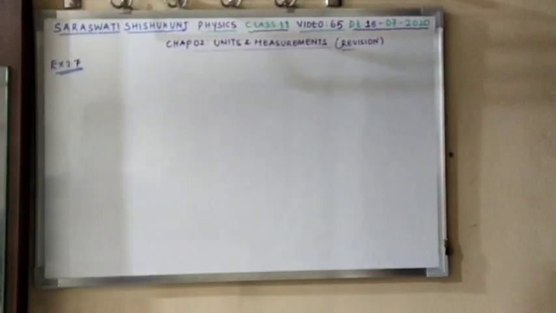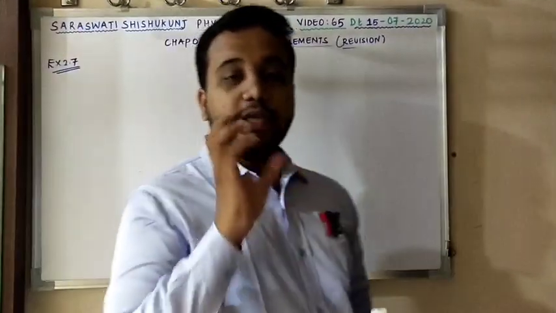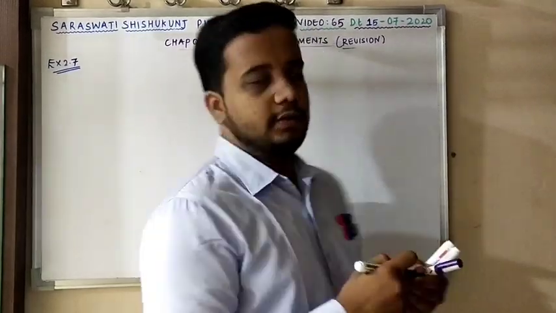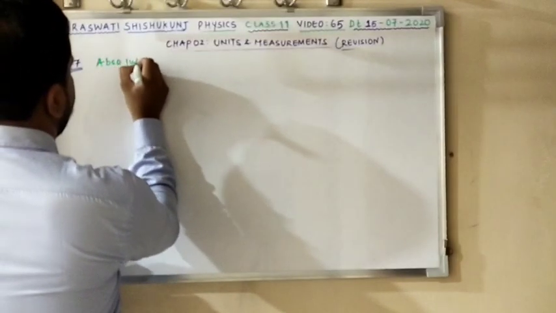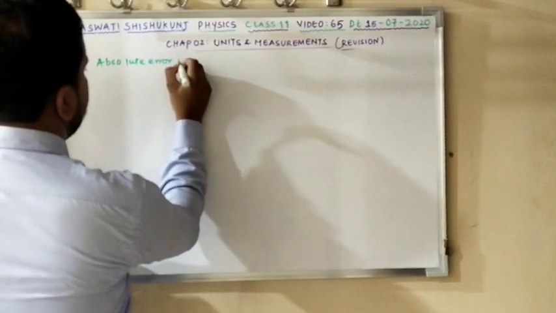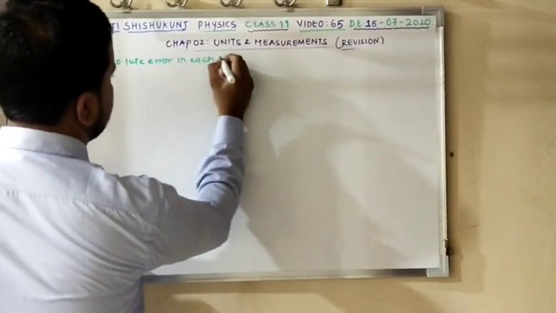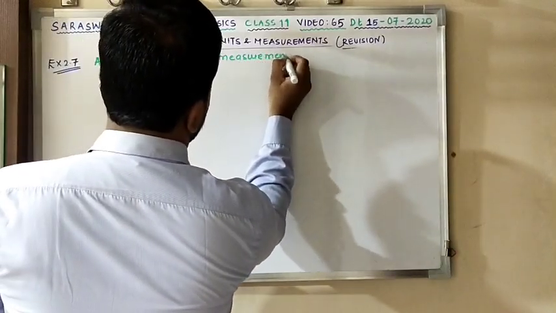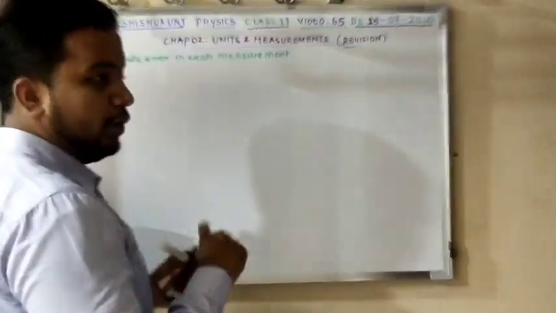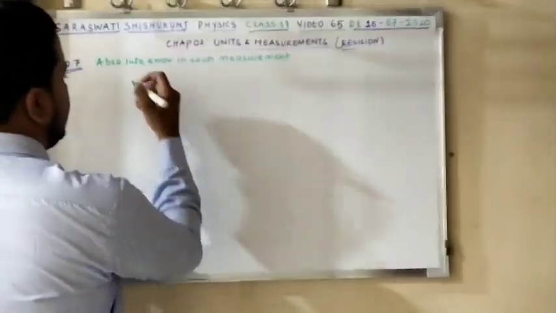So now we are going to calculate the absolute error in each measurement. Clear? Now see, first I am going to calculate the absolute error, represented by delta T, for the first observation, second observation, third observation, fourth observation and fifth observation.